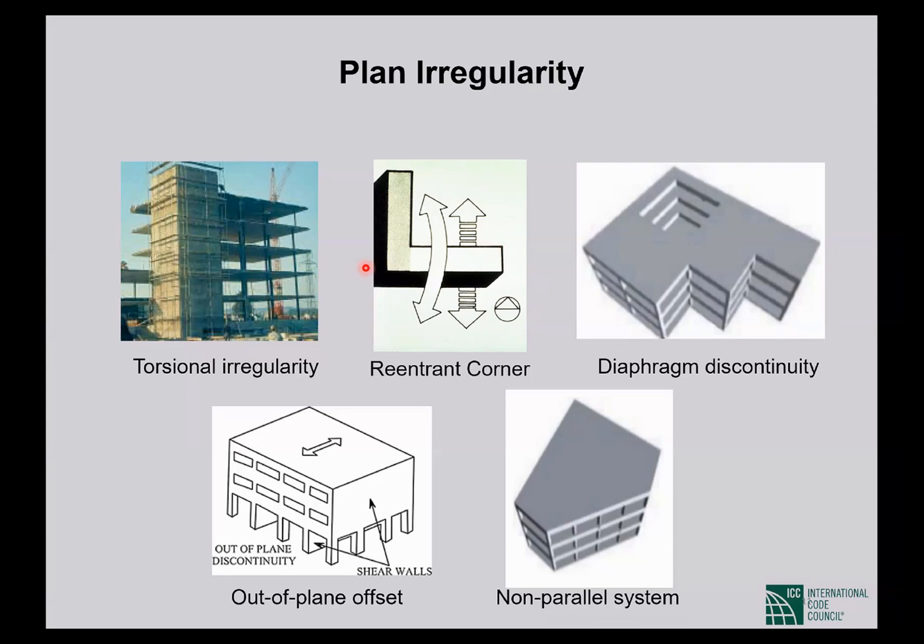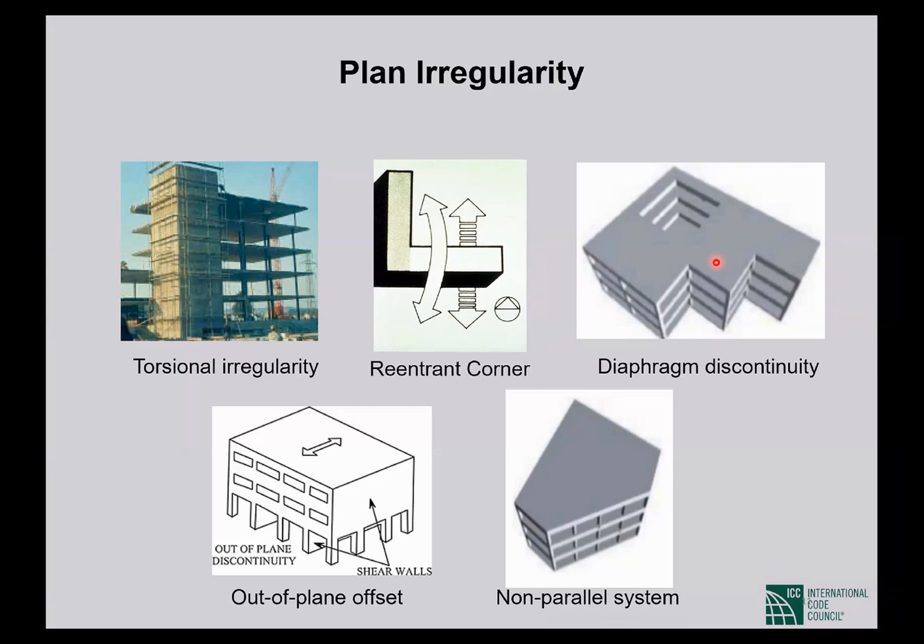So for the buildings, it's always better to separate them, providing a gap. We call it seismic gap. So if we do not provide any seismic gap, if they are joined together and make this kind of corners, they're called reentrant corners, and that's a plan irregularity.